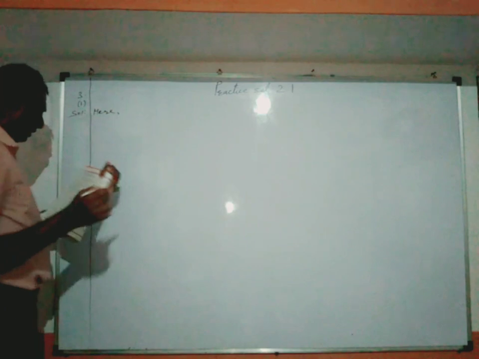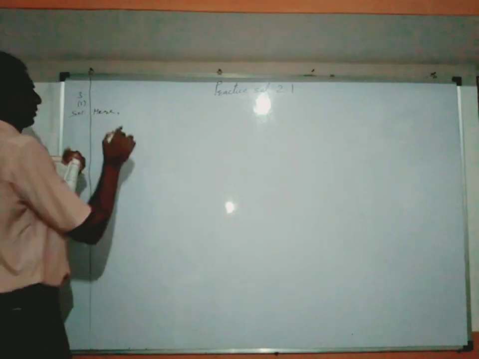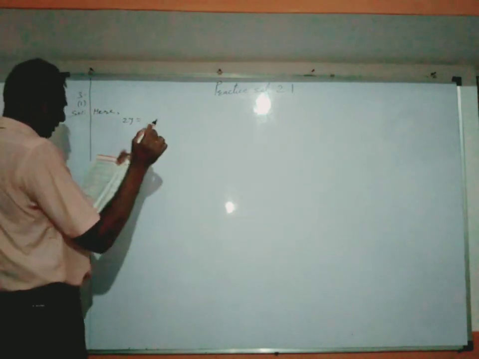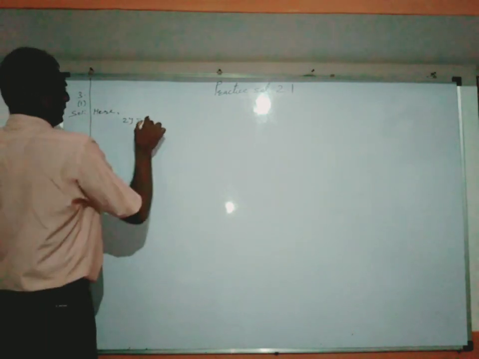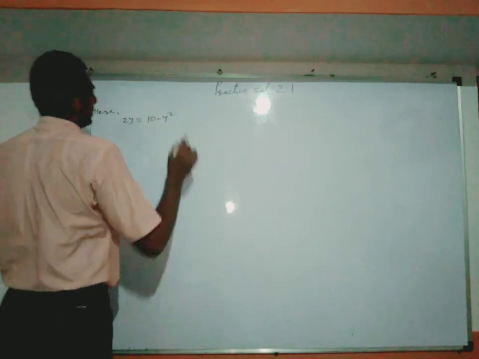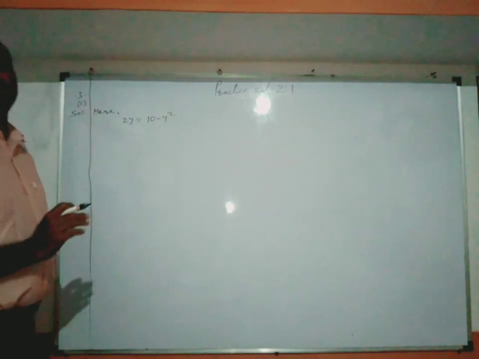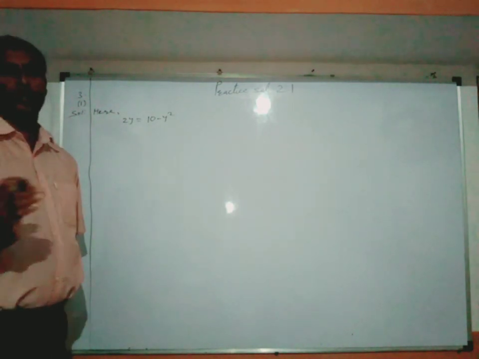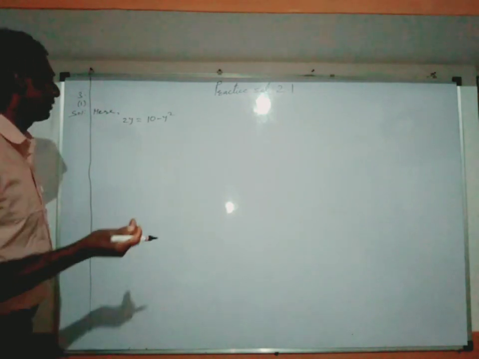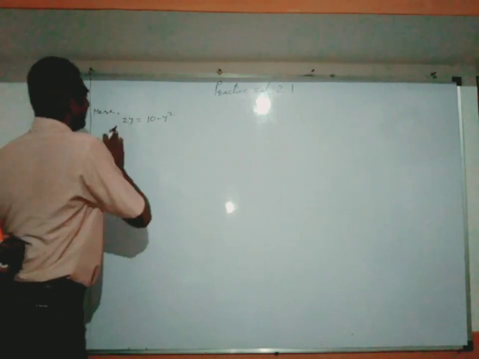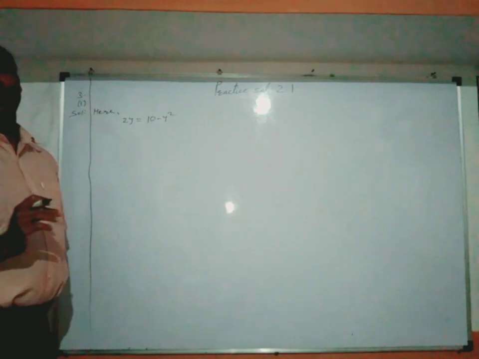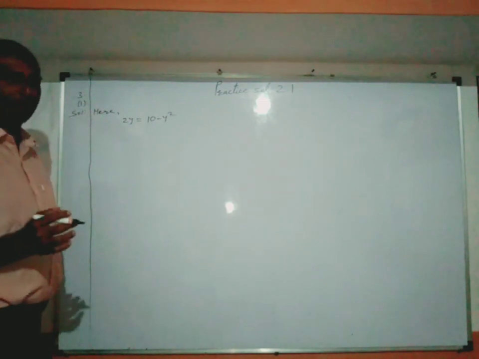Here, given equation is 2y equals 10 minus y square. We are interested in the standard form, meaning x square plus bx plus c equal to 0. Here the variable is y, that's why it should be in the form of ay square plus by plus c equal to 0.